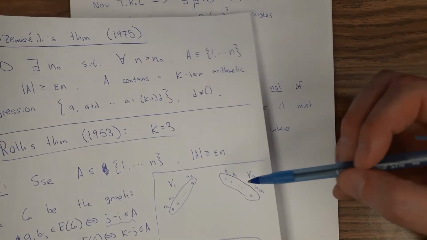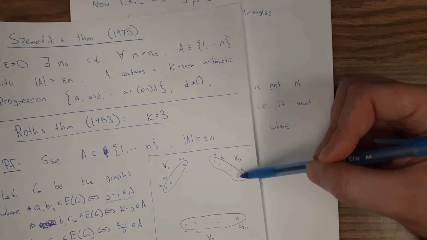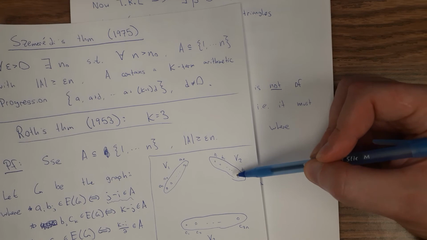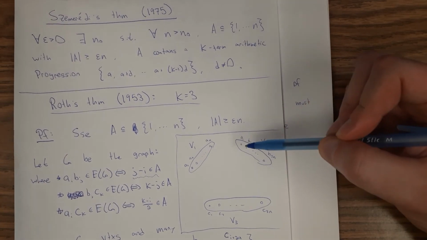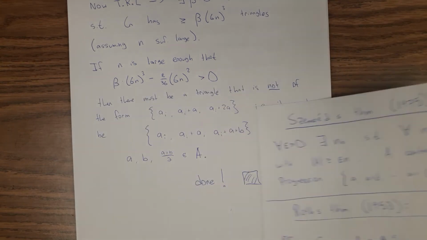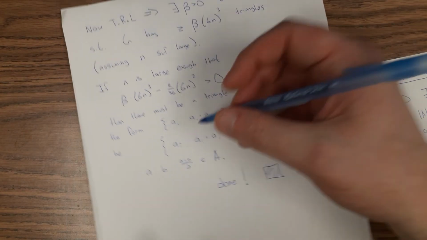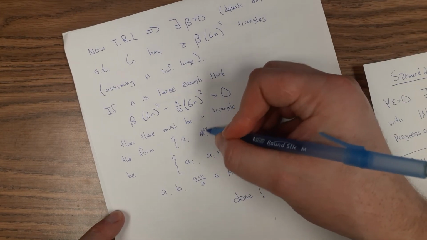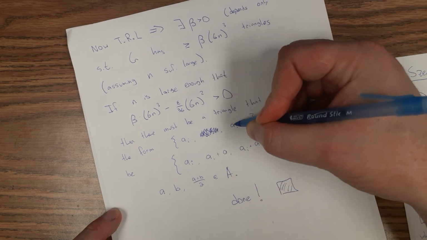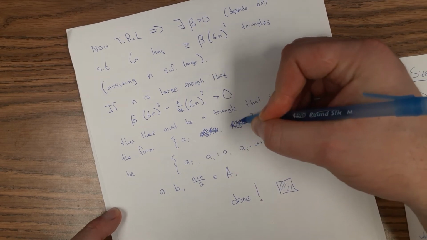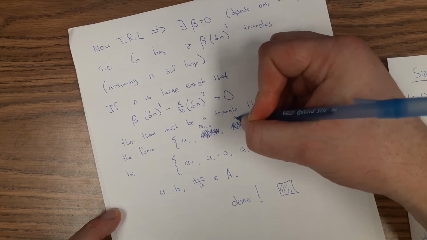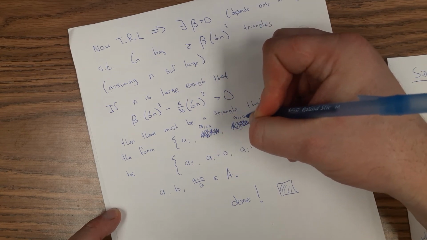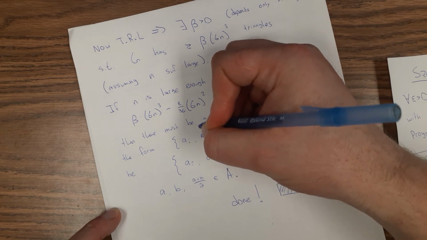The vertex from here would basically have to be that plus something in A. And let me fix everything here, because I made the same mistake that I did last time.